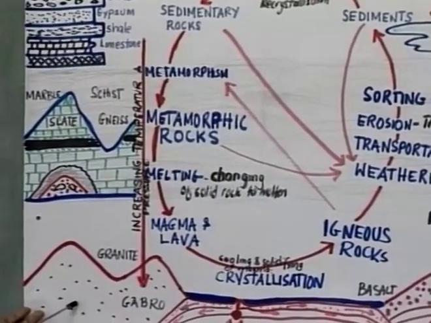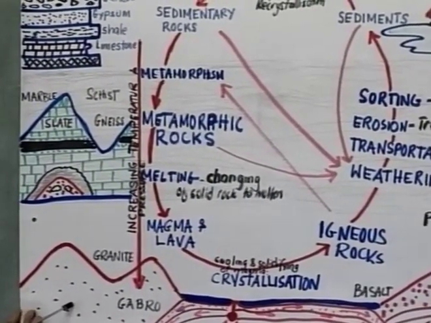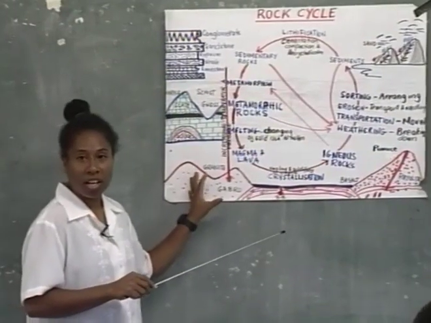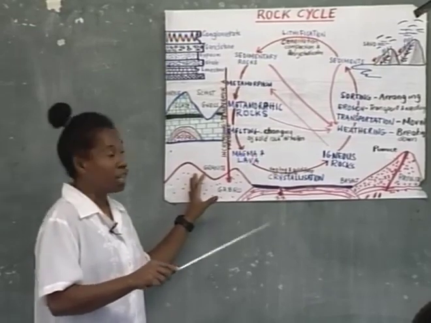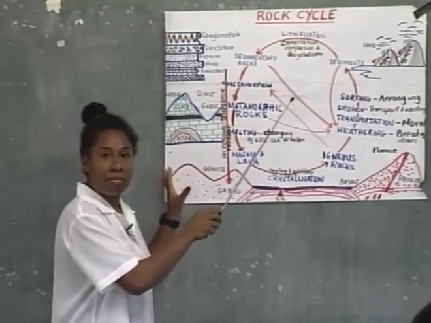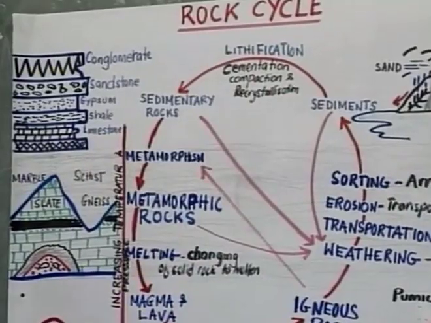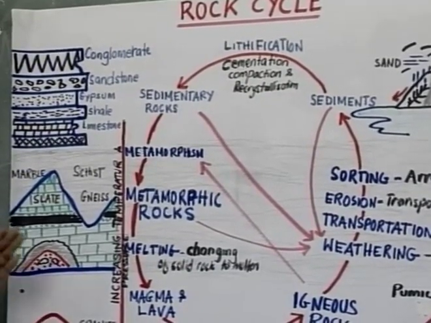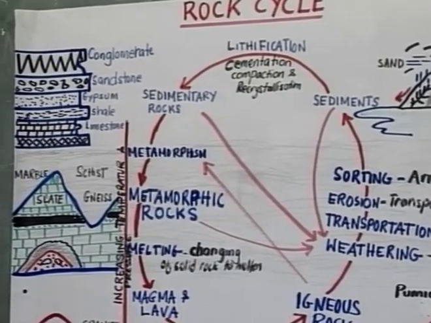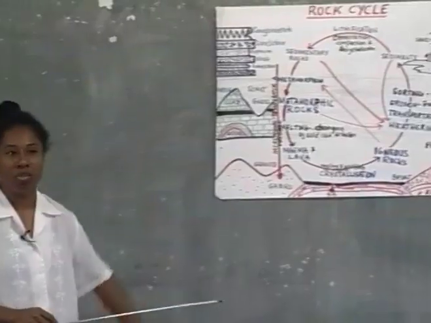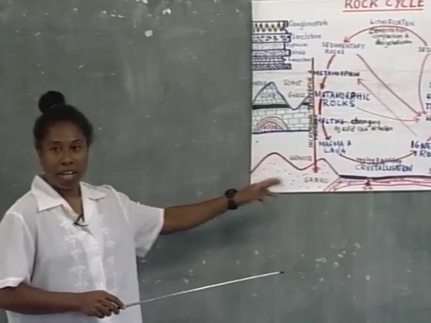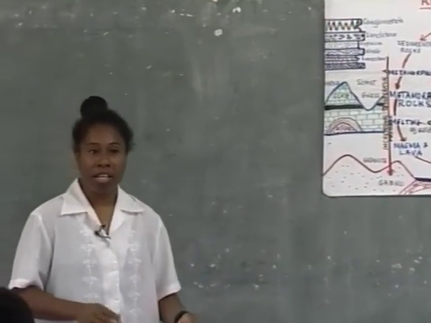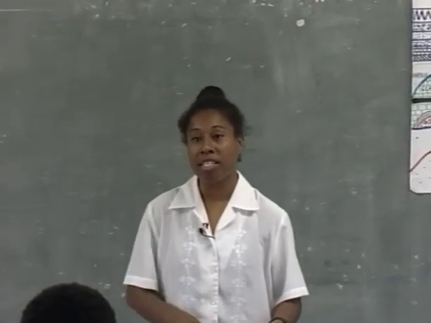So when you are doing your construction and when you are going to be giving your presentation of the rock cycle, your work that you will put on the chart must be big enough for everyone in the class to see, and also for everyone to follow when you are going through the explanation of what you are going to come up with. The design, the way in which you decide to construct your diagram is what you are going to plan in our lesson today.